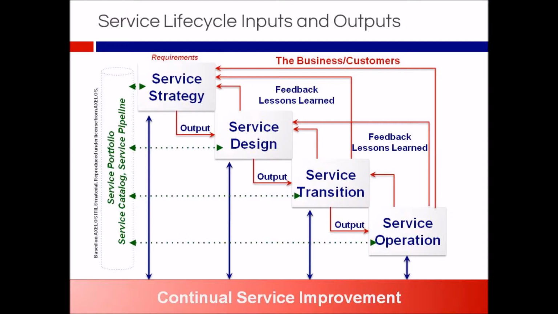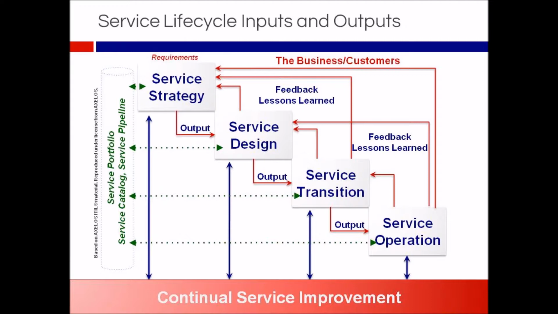Each stage of the life cycle provides an output or a deliverable of some kind to every other stage of the life cycle. Each stage provides feedback and lessons learned to all of the other stages. Continual service improvement is always there, helping to take those lessons learned and turn them into improvement opportunities.